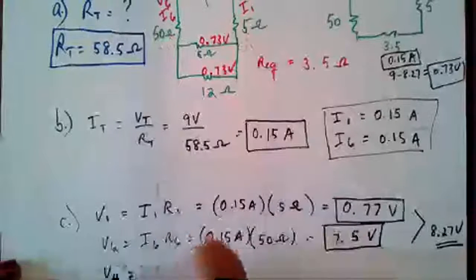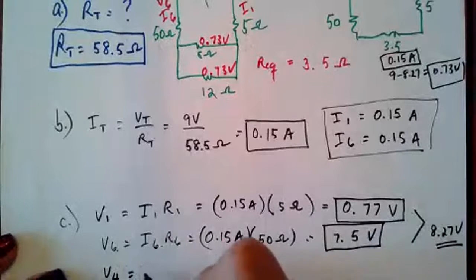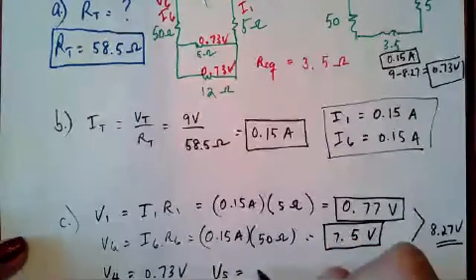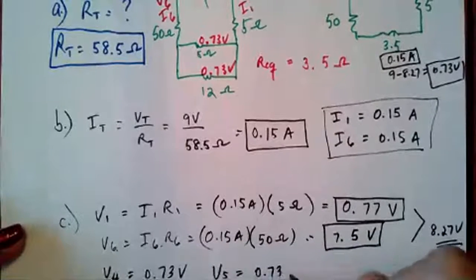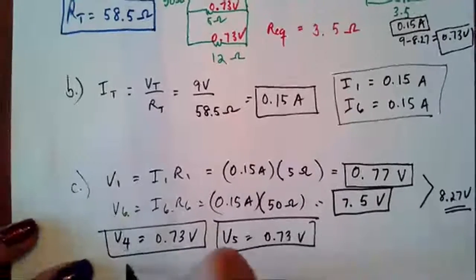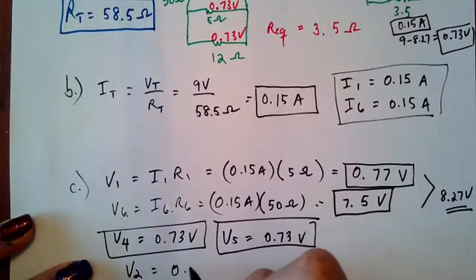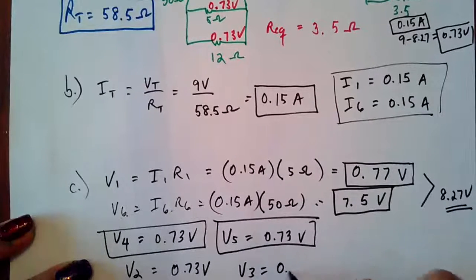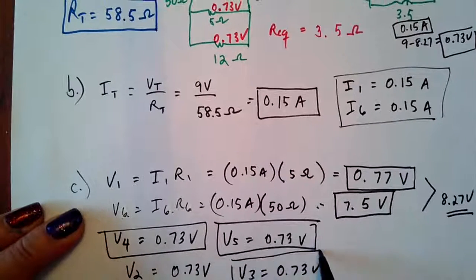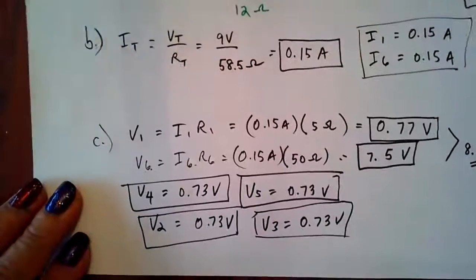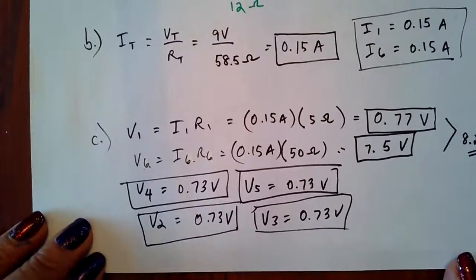Know that V4 is also 0.73 volts, and V5 is also receiving 0.73 volts. So now we know those, as well as V2 is also receiving 0.73 volts, as well as V3, 0.73 volts. Because they are in parallel, we know that the total voltage is going to equal the individual voltage in each of the loads or the resistor. So we know the voltage individual.